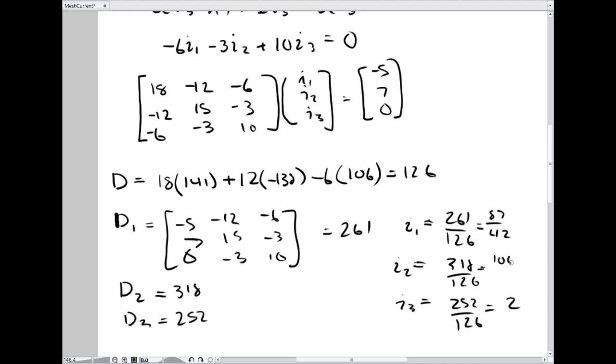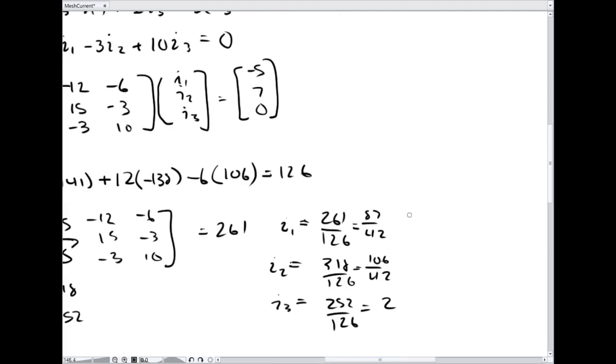This is 106 over 42. 87 is divisible by 3 again, I believe, so that's 29 over 14. This 106 is not, but they're divisible by 2, so that's 53 over 21.